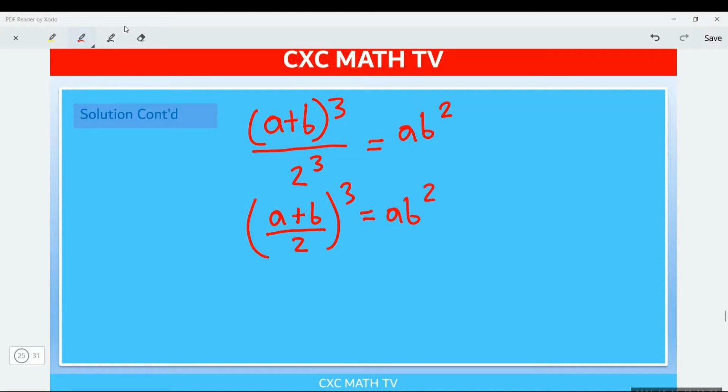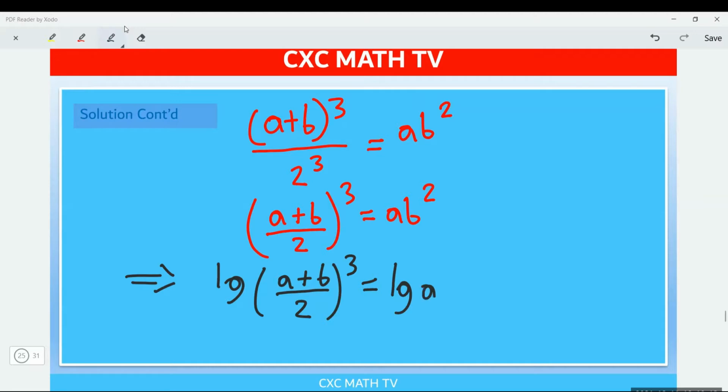So now we can go ahead and take the log of both sides. So that implies the log of (a plus b over 2) all cube would be equal to the log of ab squared. But by laws of logarithm, we can always bring down the power. So that would become 3 times the log of (a plus b over 2).